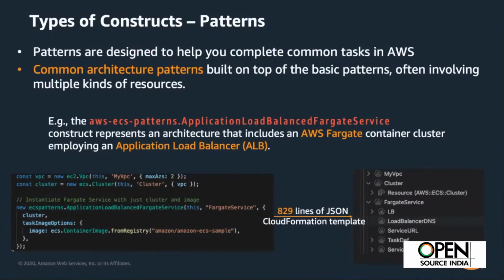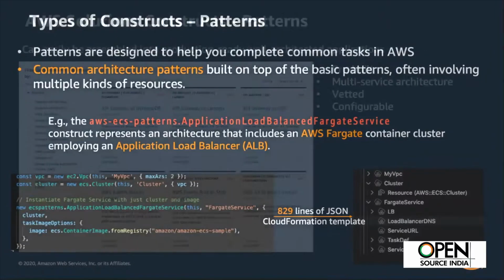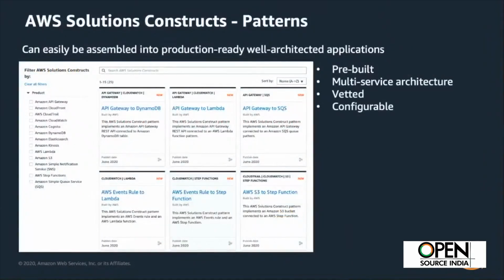So there is something else as well that we announced called solution constructs, which is also patterns only. So it's the same third type of constructs where you could see that, for example, API Gateway and Lambda. If you work with serverless on AWS, there is API Gateway as a front end and Lambda as a serverless compute option in the back end.